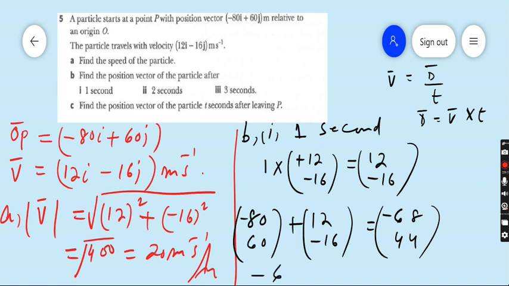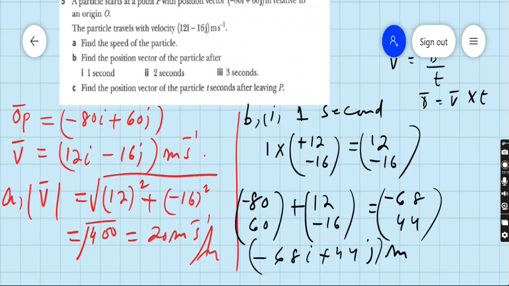Hence the position vector is minus 68i plus 44j meters. This is the answer of part B1.